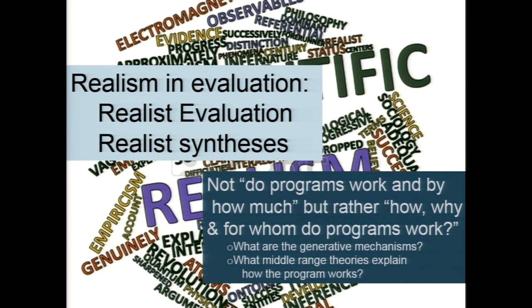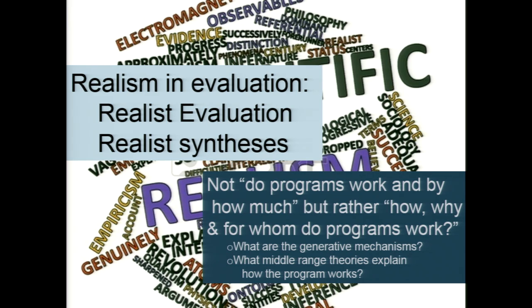Not did these diabetes programs, on average, based on my meta-analysis, reduce diabetes by 10%. It's how did it do that? How did these programs actually bring about change? What are the key critical mechanisms that bring about change? Okay, so those are complementary questions, different and complementary.